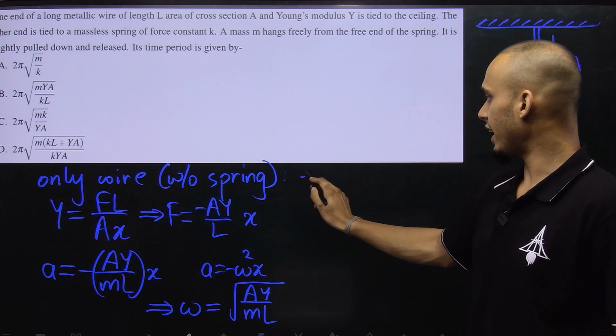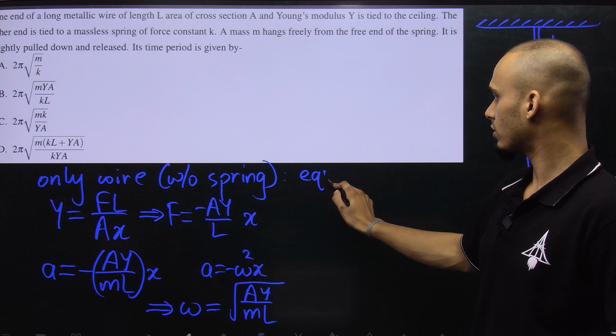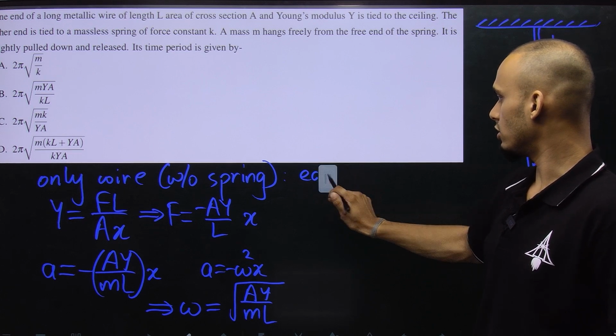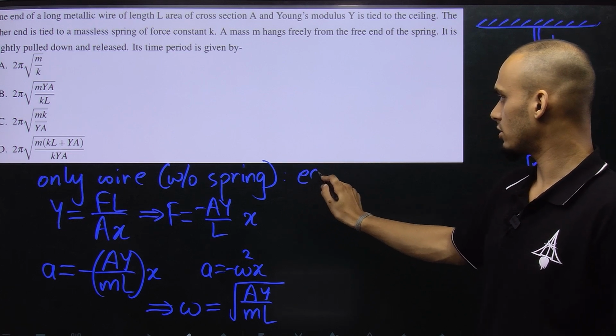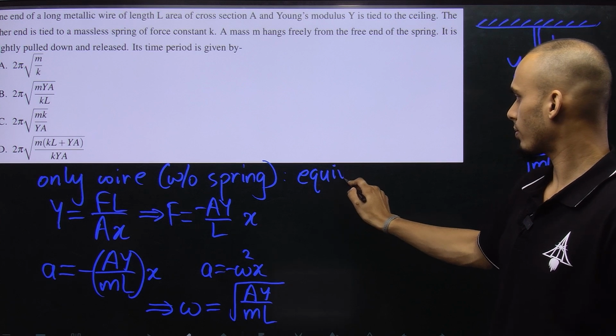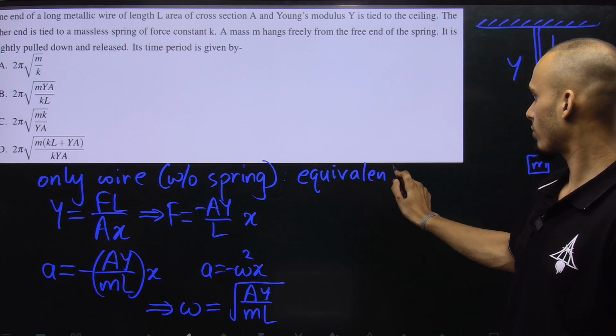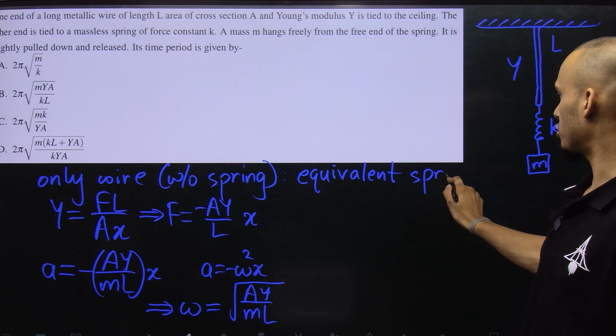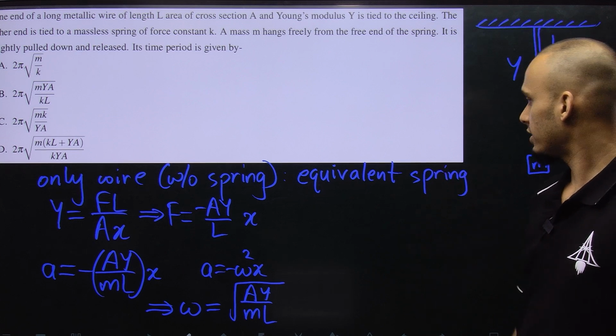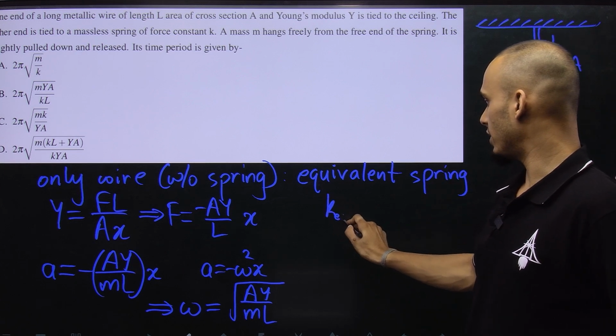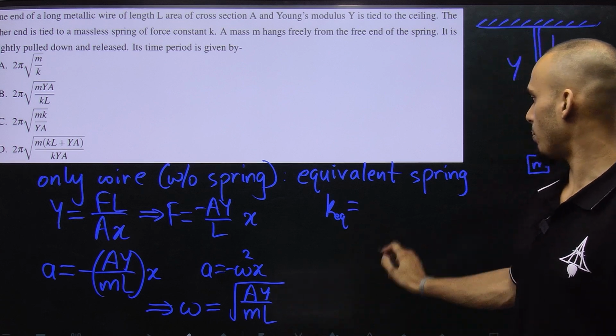We can write an equivalent spring constant, such that K equivalent is equal to AY upon L over here.